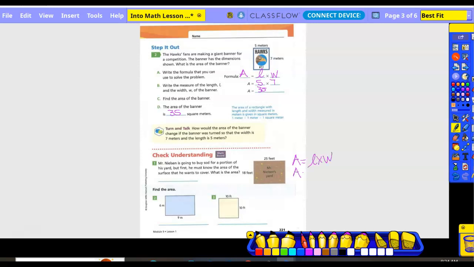So we're going to rewrite it with area equals, what's our length? 25. What's our width? 18. So this isn't just a simple one where we can get out the answer. We're going to have to set up a problem, right? So we're going to have to take 25 times 18.